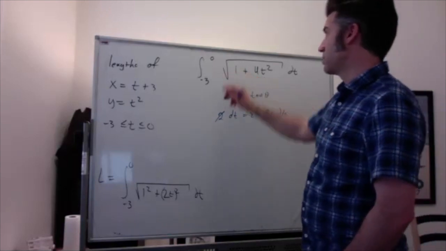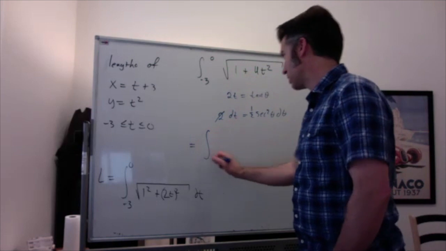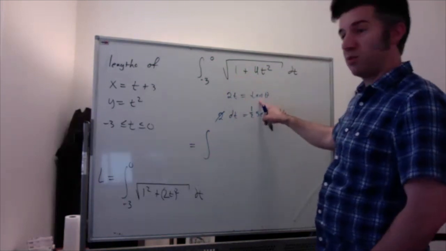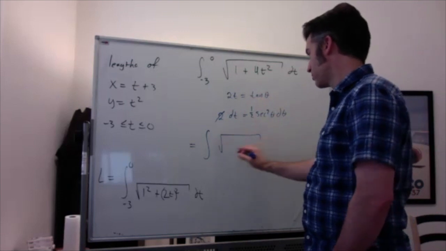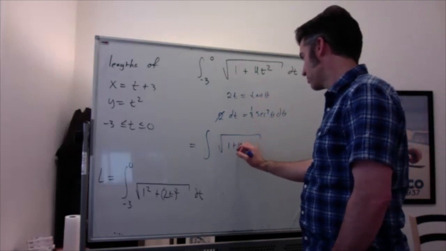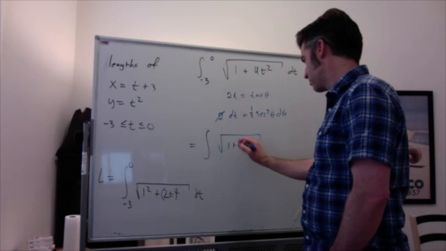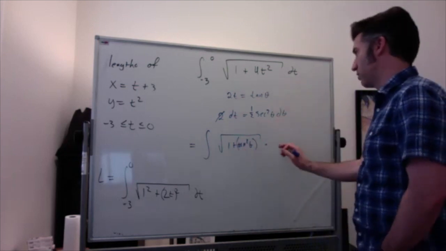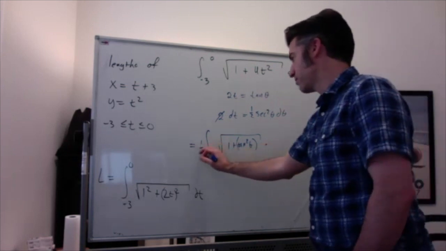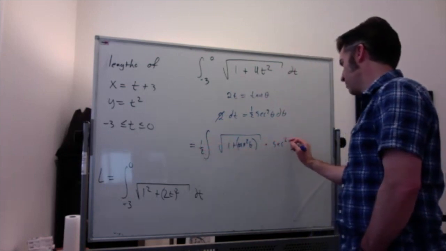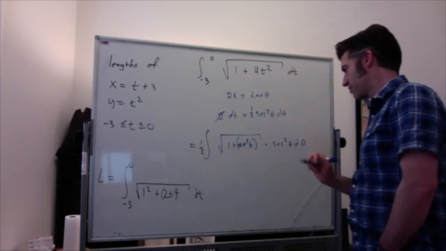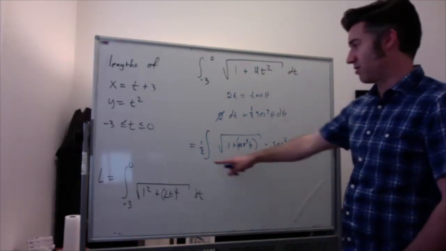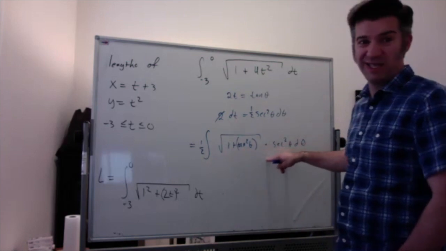So let's see, plugging things in, you get the integral of the square root of 1 plus tangent squared times dt, which is 1/2 secant squared theta d theta. Okay, we've got everyone's favorite integral, the integral of secant times secant squared, which is secant cubed.